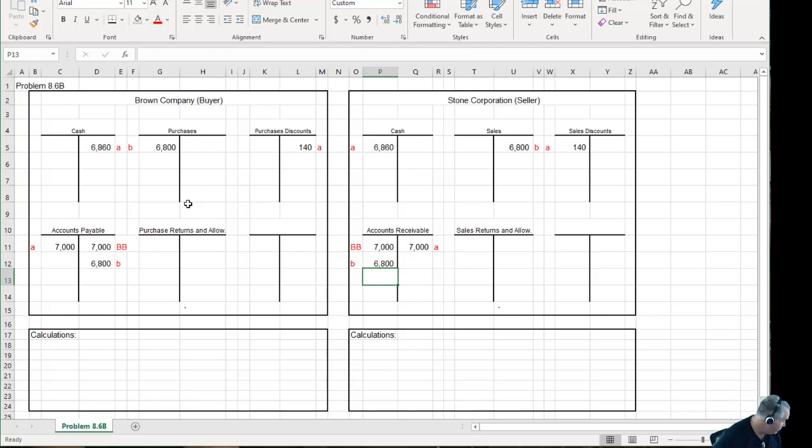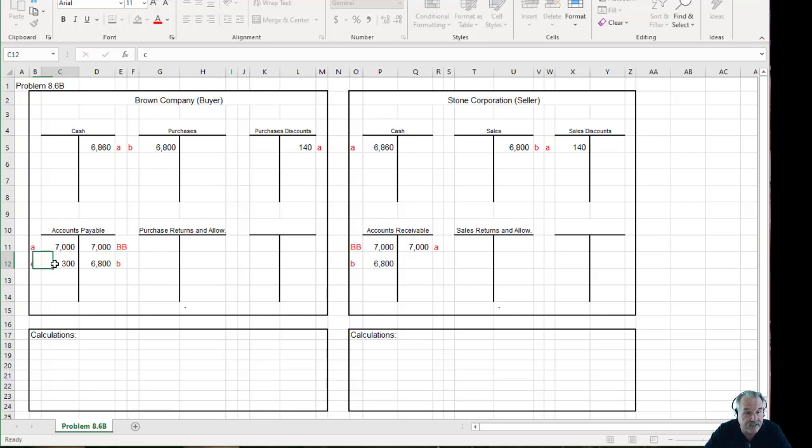Then transaction C says there was a return of $300. So Brown got the merchandise in and said, you know what, $300 of this is defective or non-conforming or some sort of a problem. So we're going to debit accounts payable for $300. They're reducing the bill.